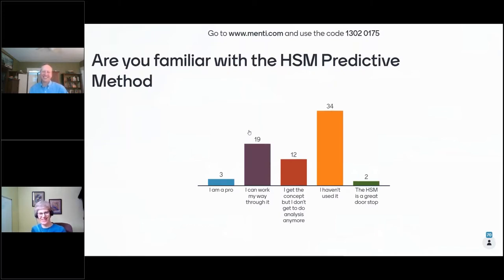All right, looks like it's slowing down. So we've got folks who haven't used it, and a handful, about an equal amount, who are at least familiar with the concept. We've got a handful of pros, so hopefully we'll give you some tips. Maybe for those of you using it as a doorstop, we can get you sufficiently intrigued to open it up.